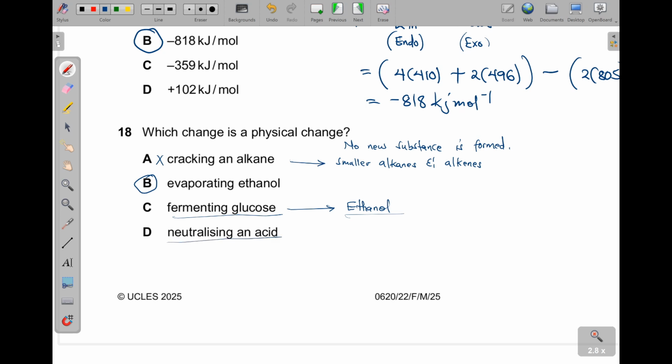Neutralizing an acid, here you are reacting an acid with a base. Then you form a salt and water. You see that? These are new substances formed. And also ethanol here is a new substance formed from the glucose. So our answer here has to be B.